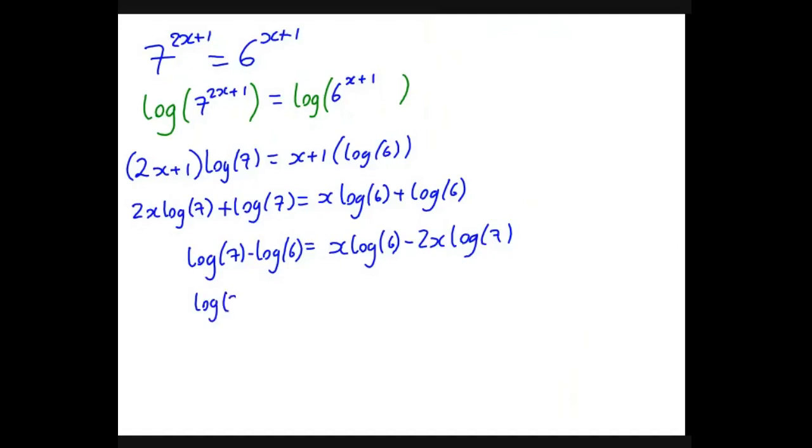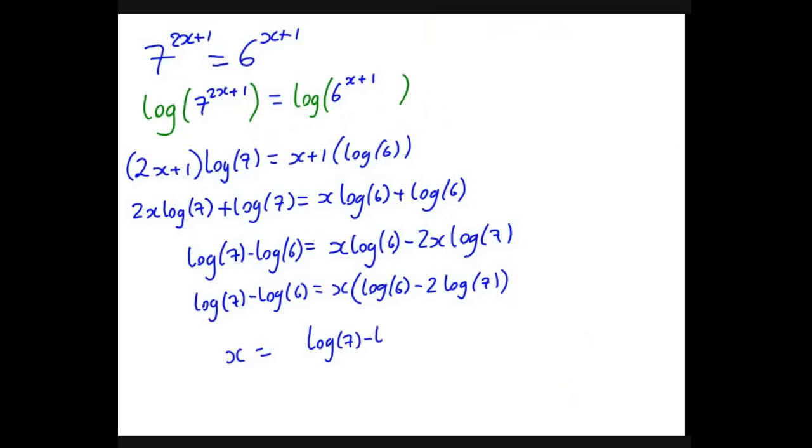So x was on the outside of a bracket, and then inside the bracket was log 6 minus 2 log 7. And then I basically just divided the right hand side and the left by the brackets, so that it meant that x was equal to log 7 minus log 6 over log 6 minus 2 log 7. I think.